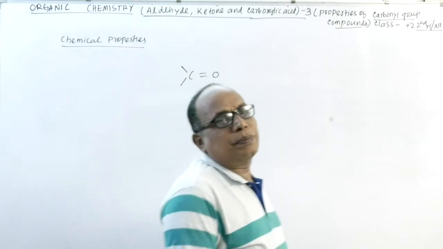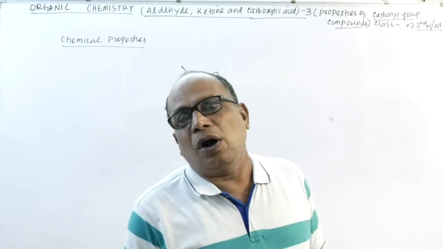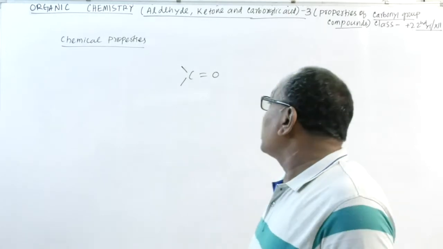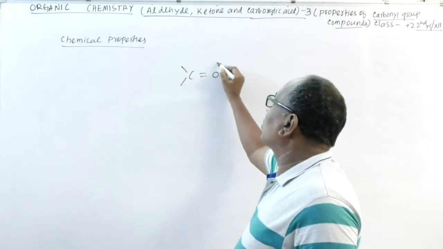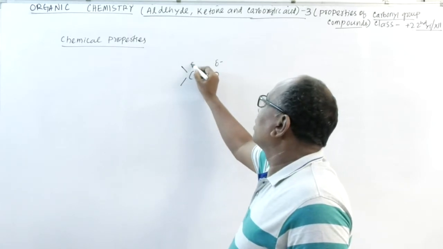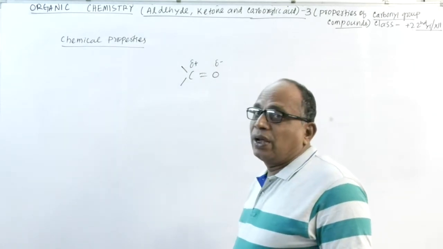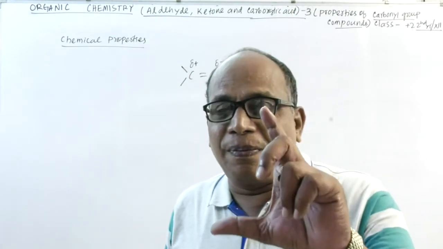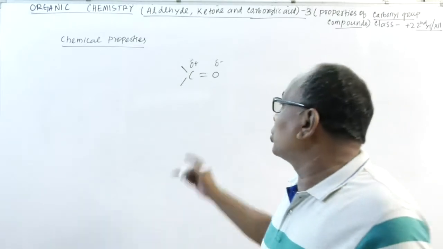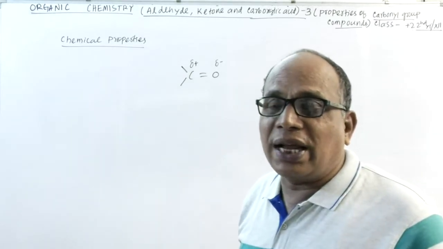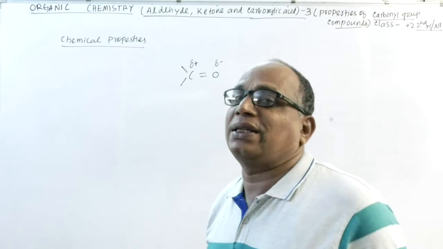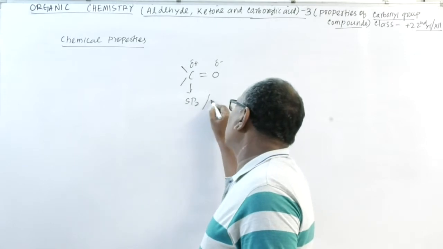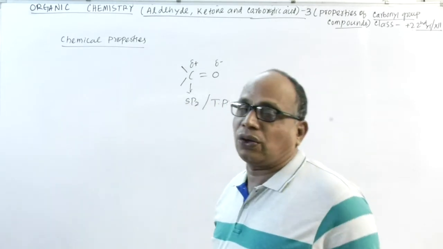In the carbonyl group, oxygen is more electronegative than the carbon, by which the pi electron is more towards the oxygen and less towards the carbon. As a result, the carbon atom possesses partial positive charge, and the oxygen atom possesses partial negative charge. That's why the carbonyl group is polar in nature. The hybridization is sp2, and the structure is trigonal planar.